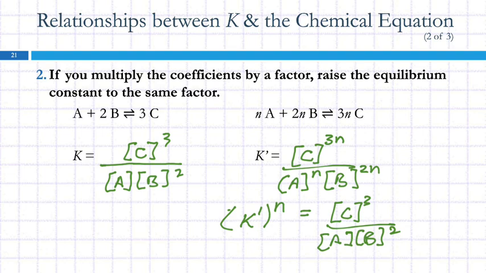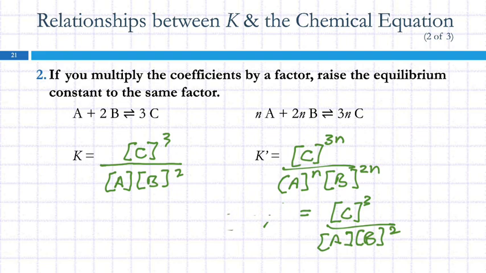If you're cutting it in half, then you're essentially taking the square root of the rate constant, not the rate constant, the equilibrium constant. Shouldn't all that be to the n? The C over A B squared? Yes, I was sloppy.